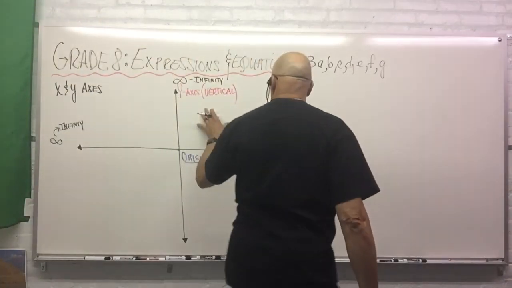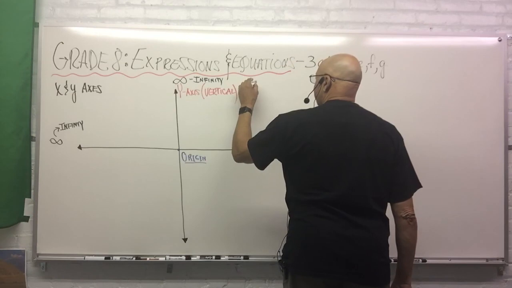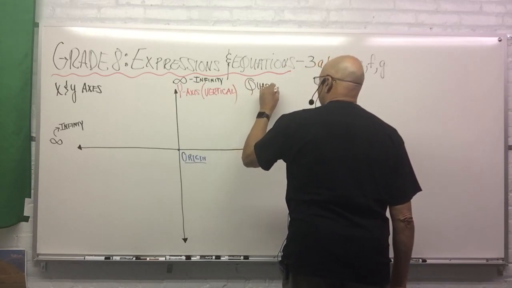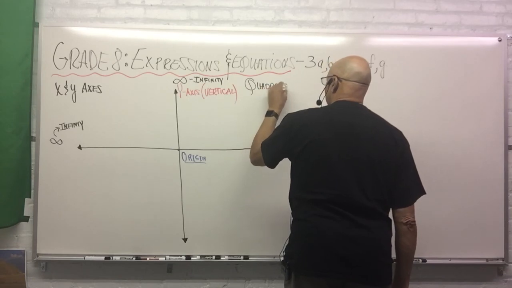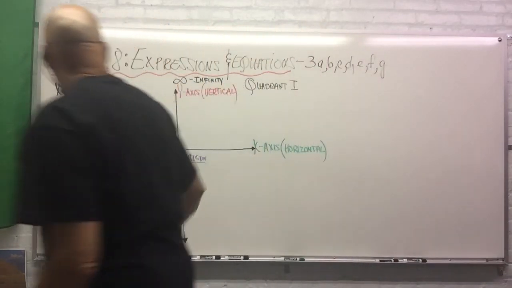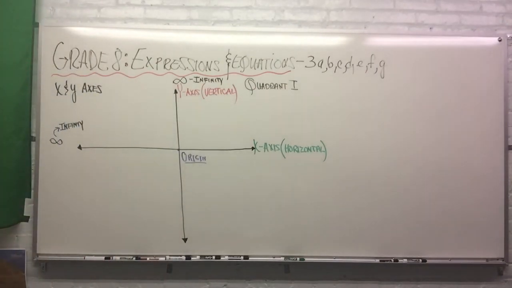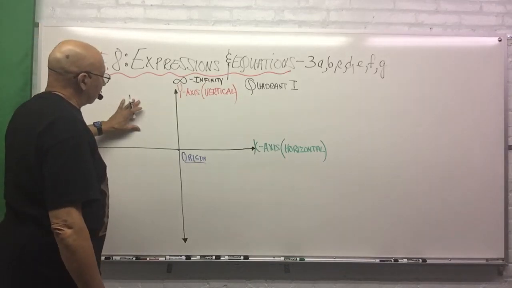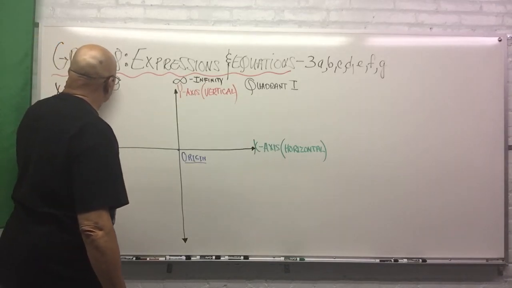This part, we call that the first part, is called quadrant, Q-U-A-D-R-A-N-T, quadrant 1. That's everything above the x-axis on the right. Everything above the x-axis on the left is called quadrant, which I'm going to just put Q this time, quadrant 2.